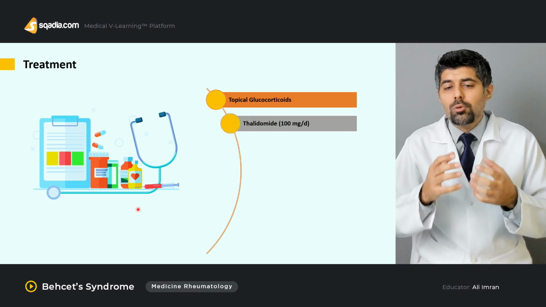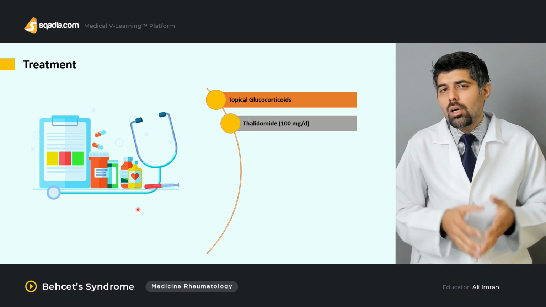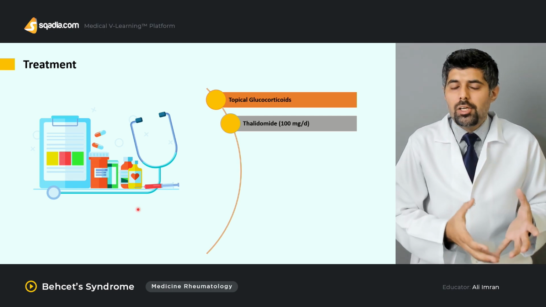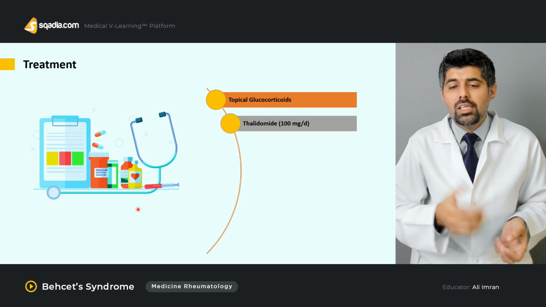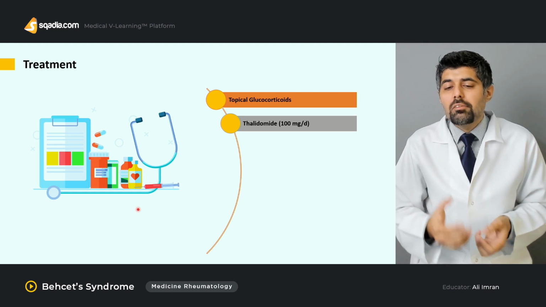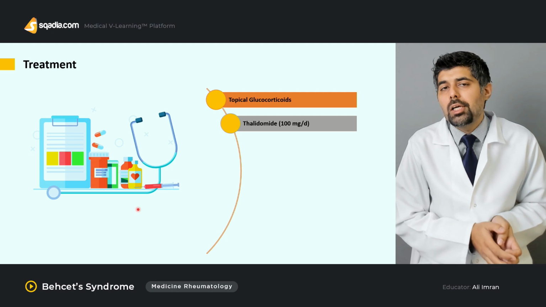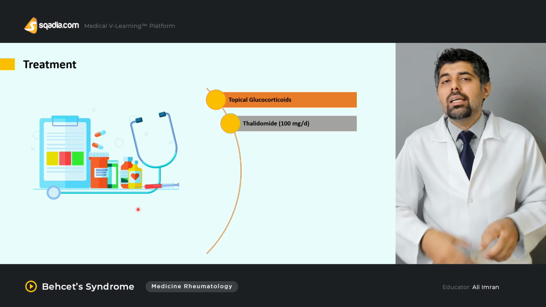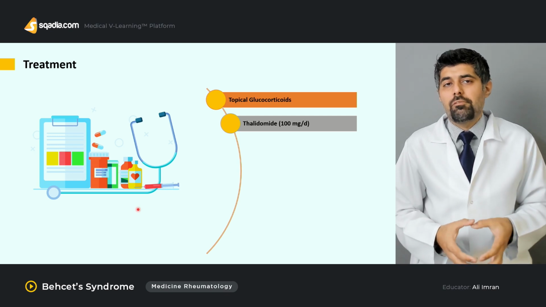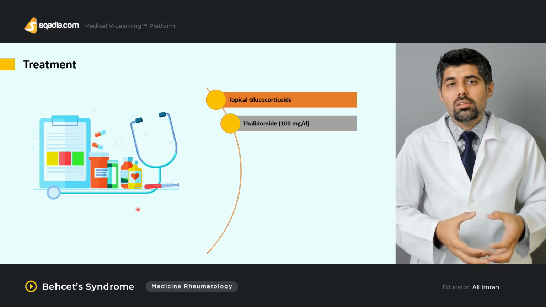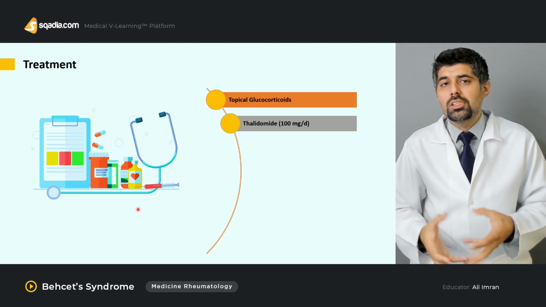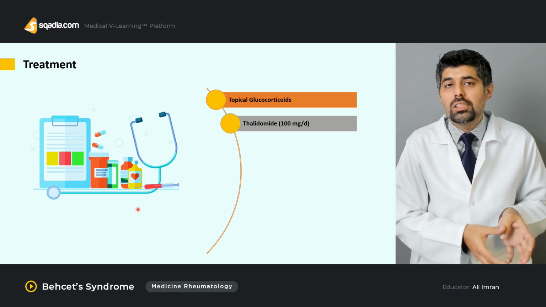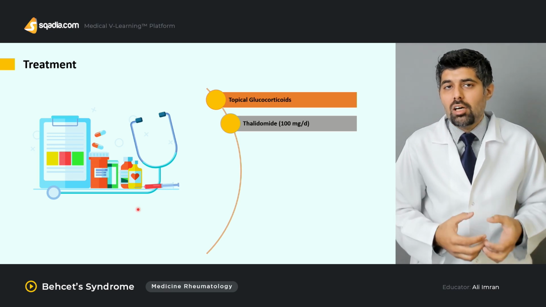Next, if topical glucocorticoids are not enough, then we move on to a stronger anti-inflammatory drug, thalidomide, and it is given in a dose of 100 milligrams per day in divided doses. Again, it has an anti-inflammatory effect. It suppresses the formation of new ulcers, gives way to the remission of the old ulcers, and reduces scarring.